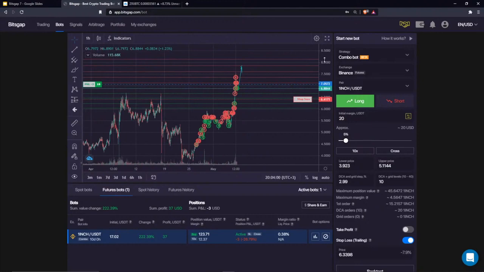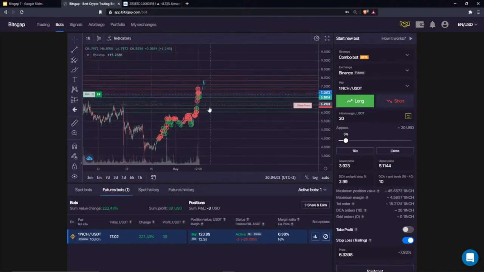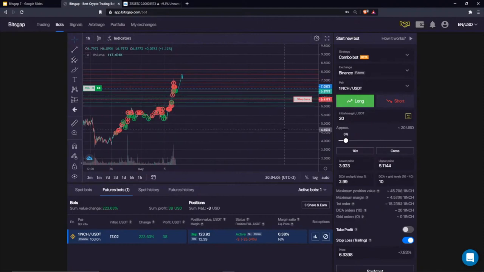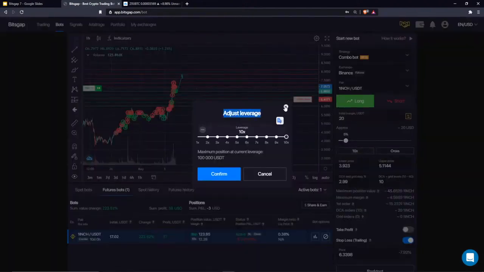Usually I tend to move it from one support line to another. As the price goes higher, I have new support levels, so I put it below the support line. That's the option for you guys that you can consider when trading this highly risky market, which is the futures market. And the leverage here is very important, because the 20 here is actually 200, because it's 10x multiplied, because we use the leverage.